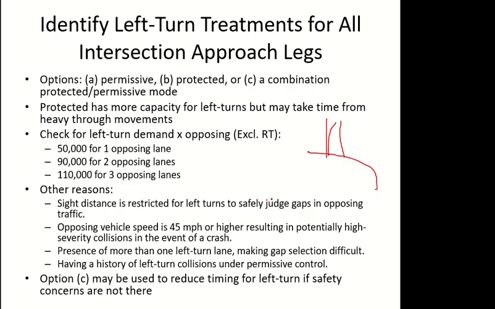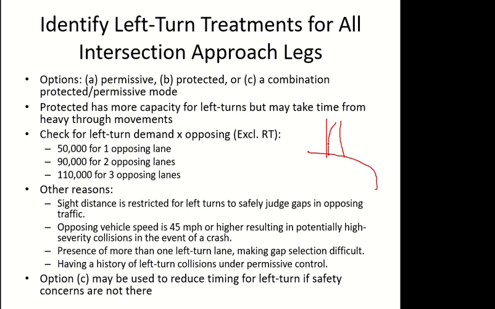If you have more than three opposing lanes, you shouldn't do a check. There should be a separate phase for left turning, because left turning will take a very long time.